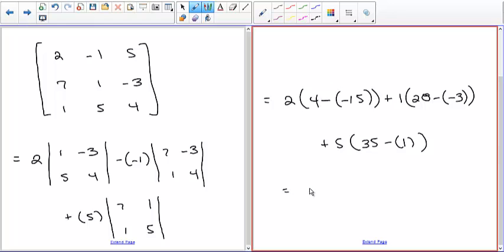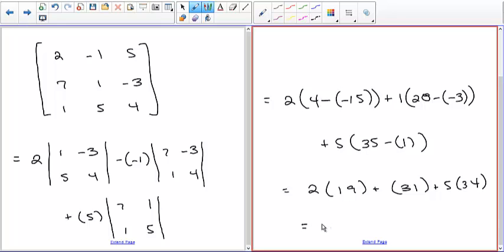So then we have 2 times 19, because this is 4 minus a negative 15, so plus 15. Then we have 1 times 28 plus 3, minus a negative 3. And then plus 5 times 35 minus 1, which is 34.